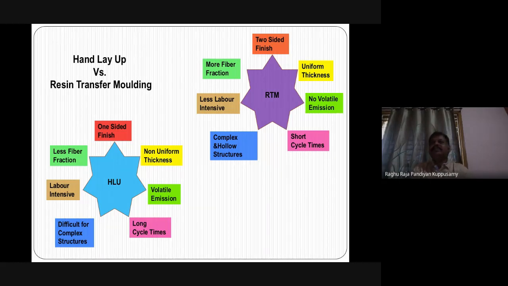The manual work required in hand layup is very much reduced in the RTM process, and you will definitely get more than 60 to 70% fiber volume fraction, which is important for the mechanical aspects of polymer composites.